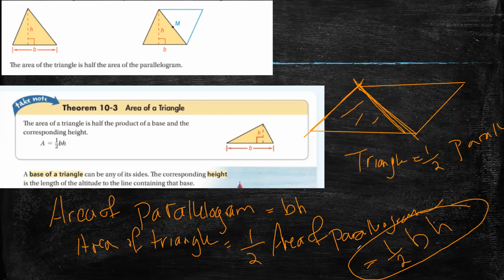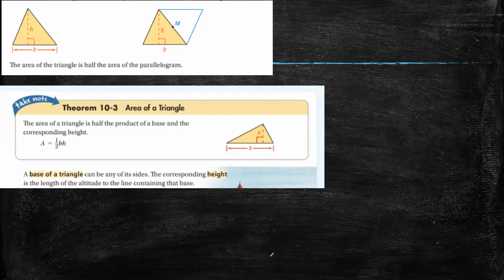Now, a base of a triangle can be any of its sides. The corresponding height is the length of the altitude to the line containing that base. That means if I have this triangle as an example, and I consider that this is my base, then this is my height.